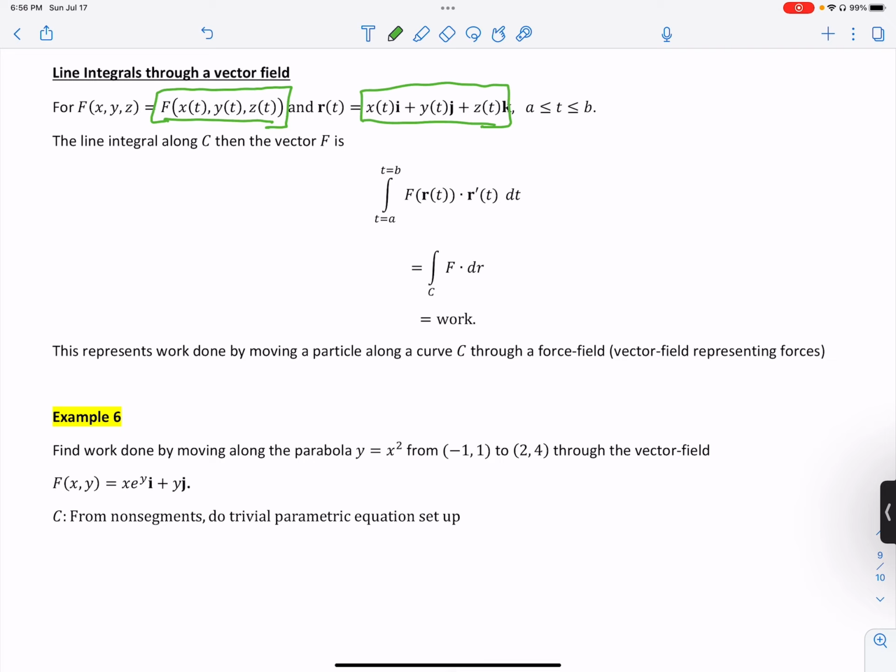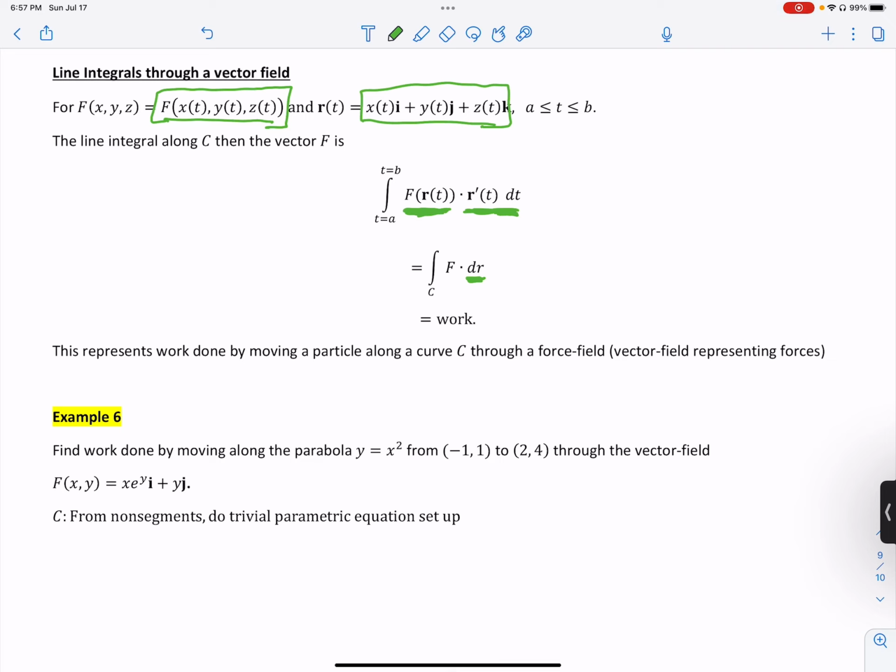Now, if we're working this out, with a vector field, remember, this just means take F and put it in terms of t. And then this is our r prime. Now, if we think about the rate that something is moving with time, we just use shorthand dr. That is the derivative of our vector r over time.